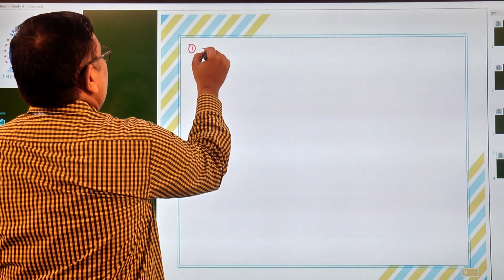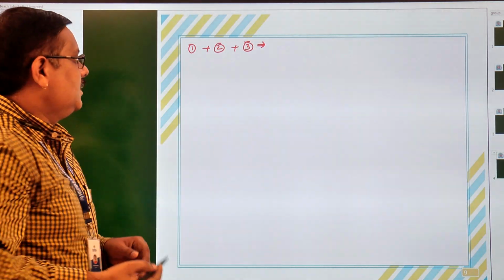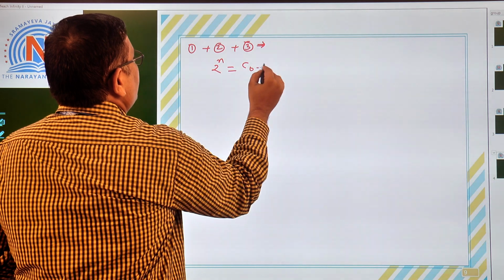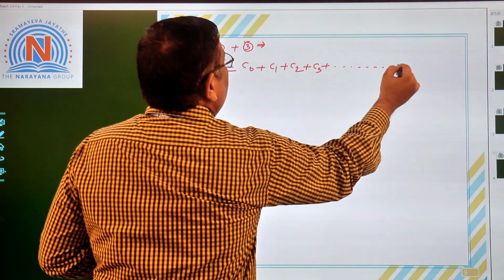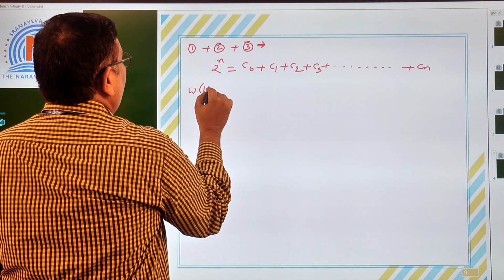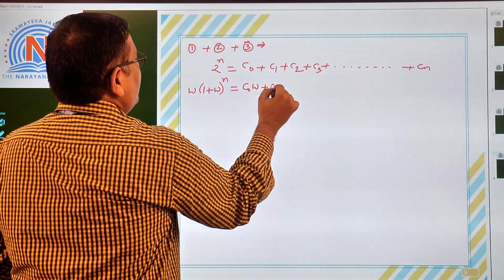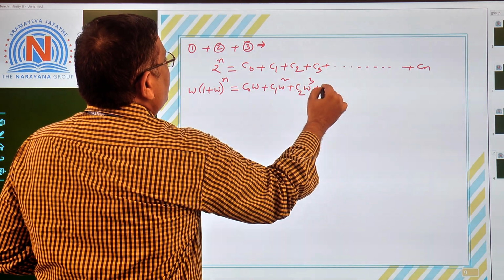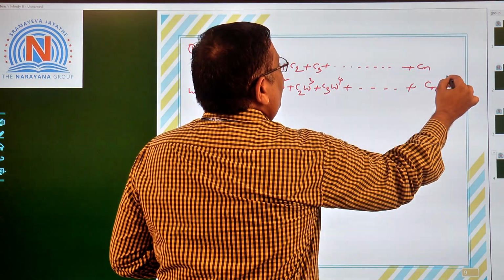So, 1 plus 2 plus 3 implies first condition, second condition as well as third condition. First condition is 2 to the power of n is equal to c0 plus c1 plus c2 plus c3 plus so on plus cn. Next condition is we have omega times of 1 plus omega whole power n, that is c0 omega plus c1 omega square plus c2 omega cube plus c3 omega power 4 plus so on plus cn omega power n plus 1.